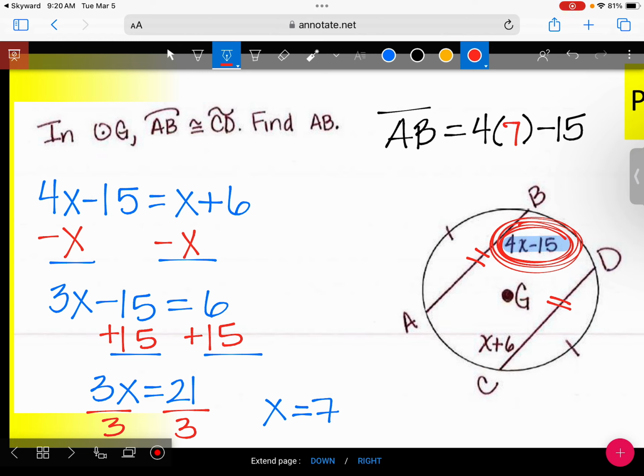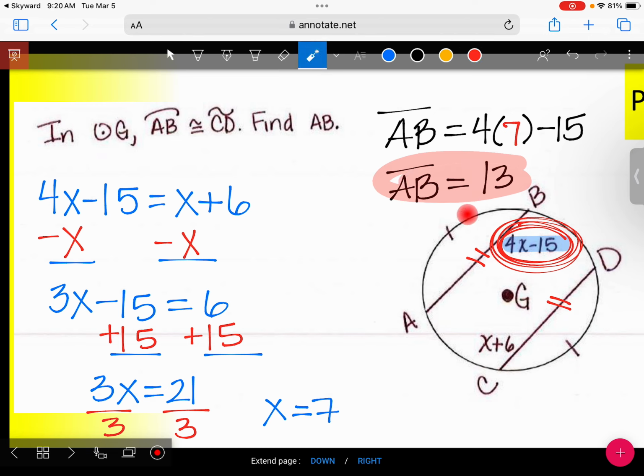So go ahead in your calculators, take 4 times 7 and subtract 15. And what do you all get? 13. Now, just so you realize, I want to make sure you know this. So that's my final answer.